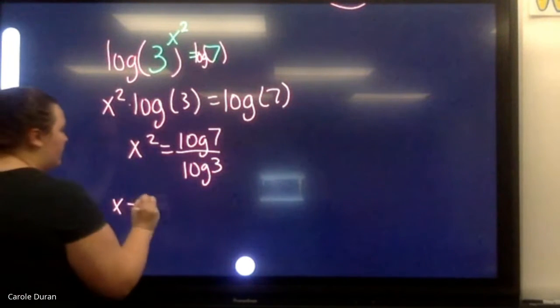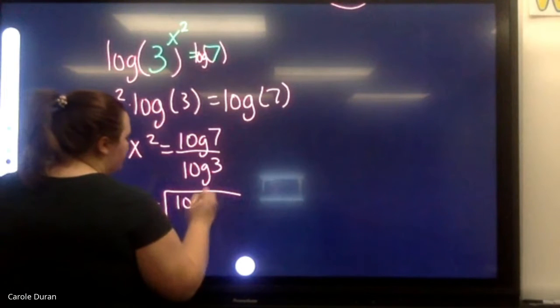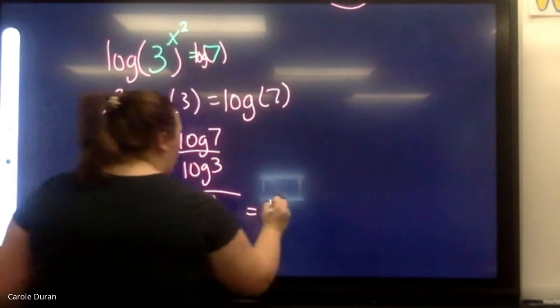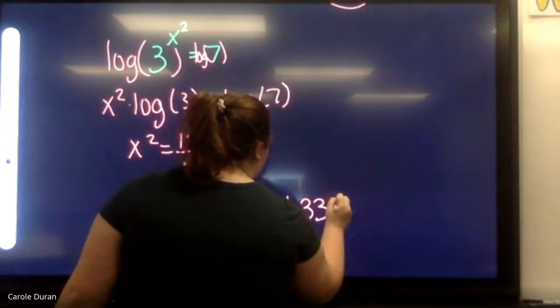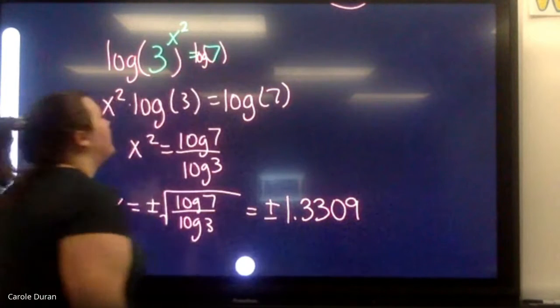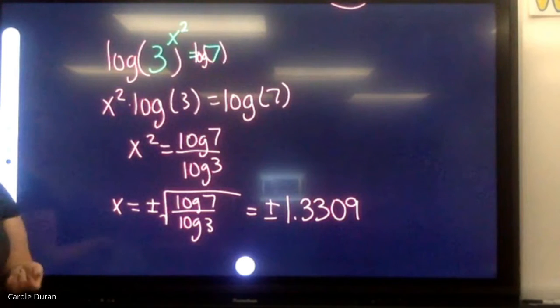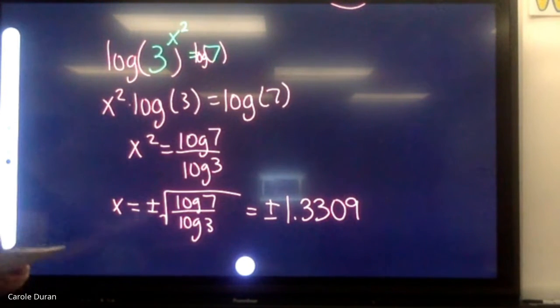So when I square root it, I get x equals plus or minus the square root of log 7 over log 3, and I can put that into my calculator. When I do, I get the decimal 1.3309. Next thing I have to check is just to make sure if I plug that back in, that I'm not going to get a negative inside of my logarithm, and I don't. So both of those are the correct answer.